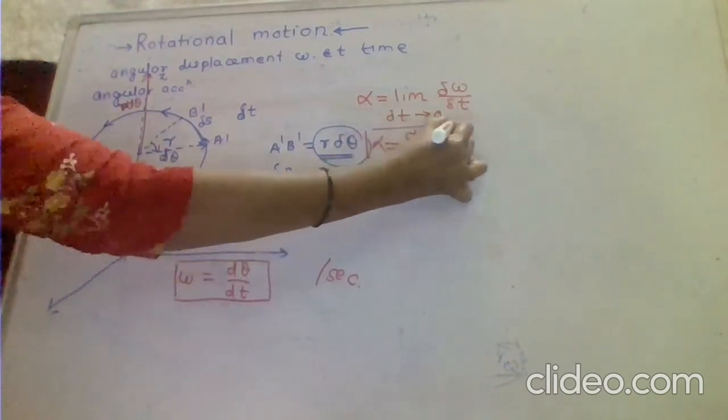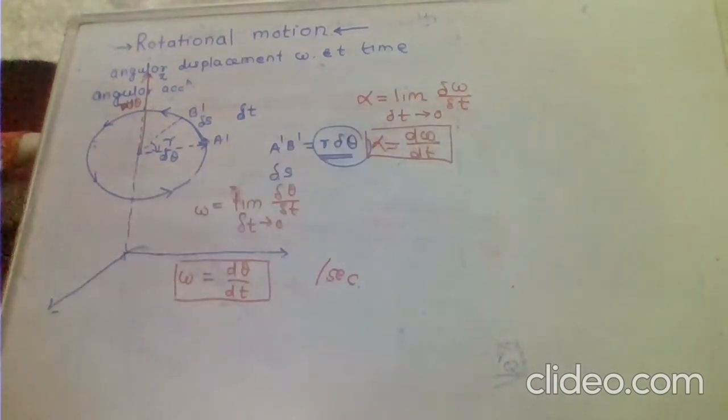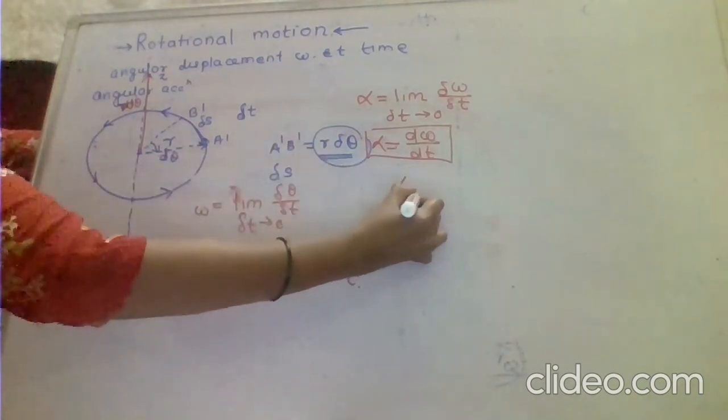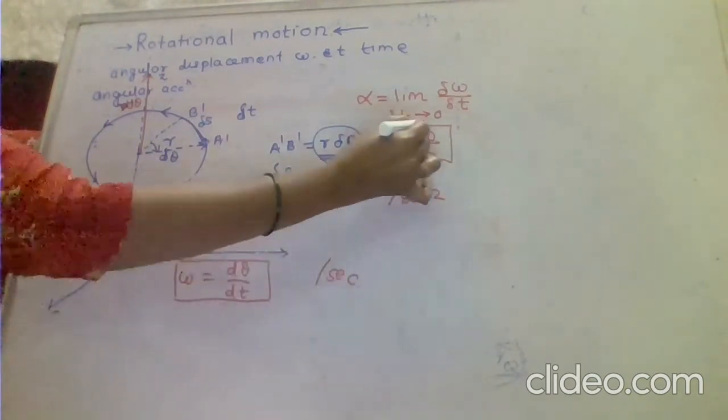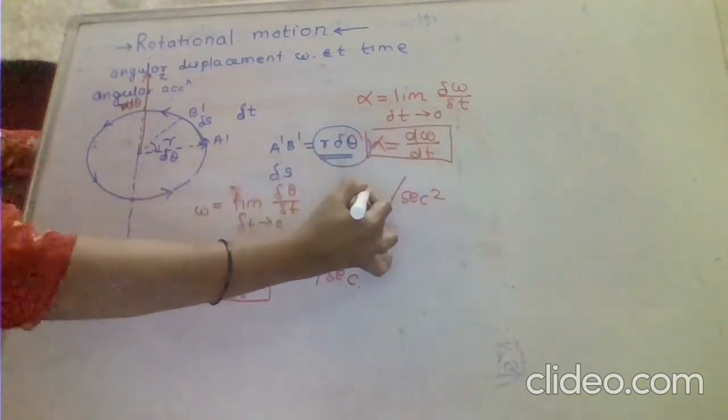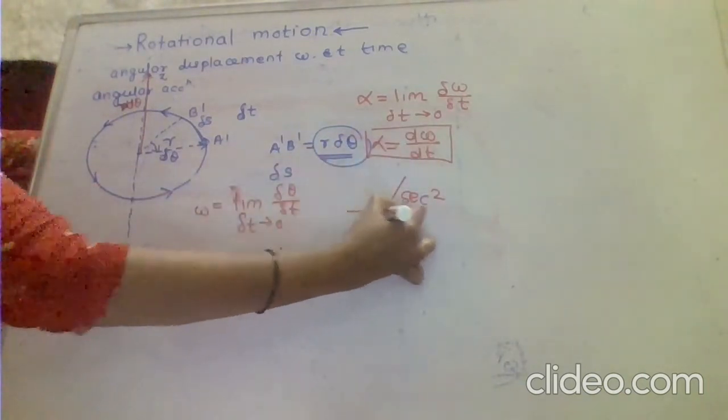This is angular acceleration. And the unit of angular acceleration is per second square, because the unit of omega is per second, divided by second, so it is per second square.